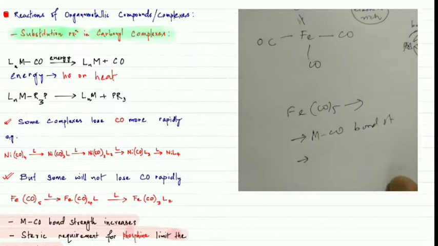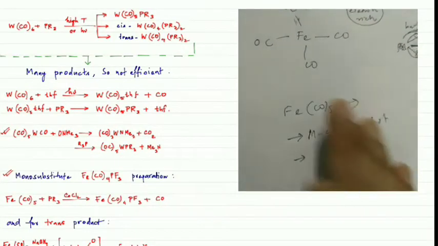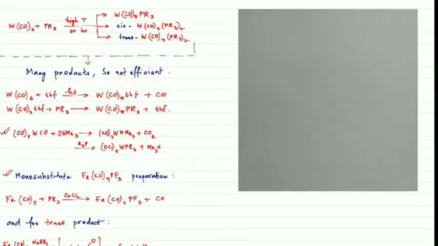So coming to the next page. In this, some examples are given where they use a new technique which gives some specific product. That means we are going to get a specific product from this type of reaction.